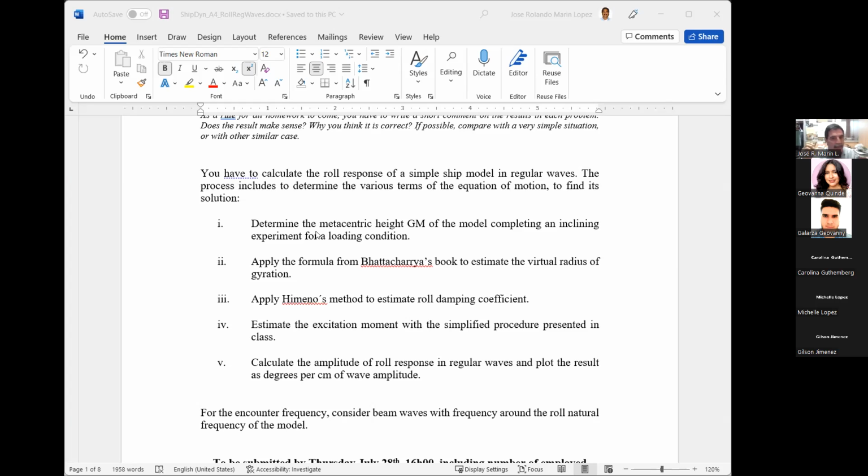Ms. Guthenberg, please, step 3. Yes, doctor. Applying Ikeda's method to estimate roll damping coefficient. For this, I'm going to give you the program and a data file as an example. What you can do is take the information and put it in there.